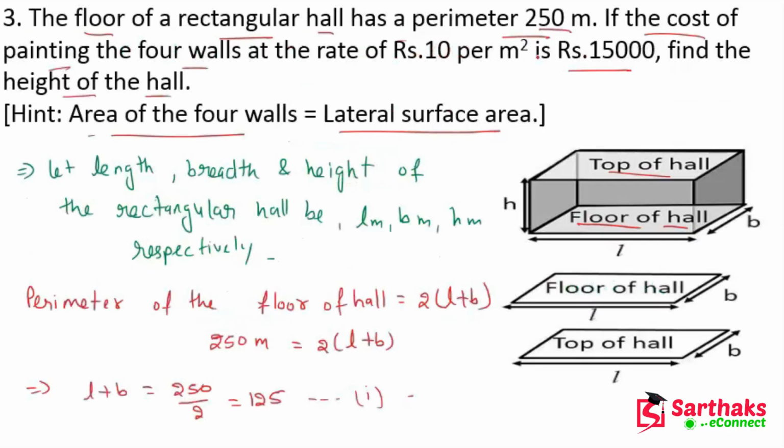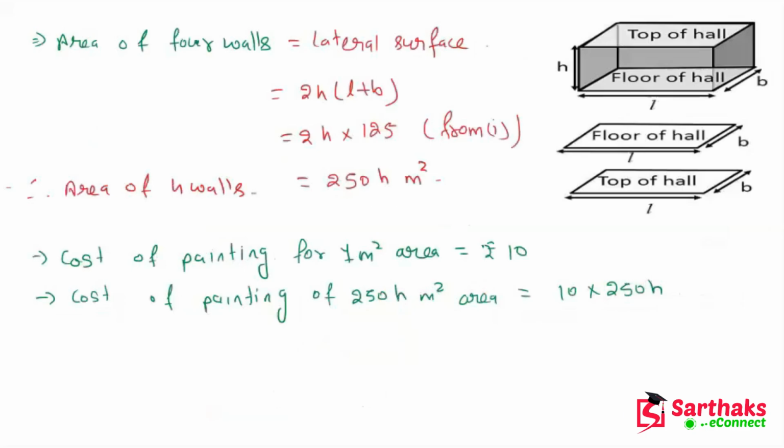This is given in the question that the total cost is 15,000 rupees. It means this value is equal to 15,000. So 15,000 is equal to 10 into 250H.